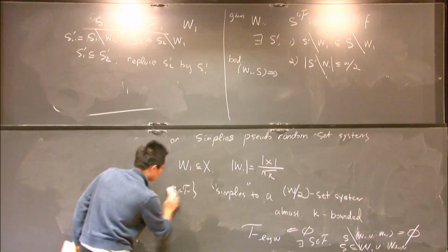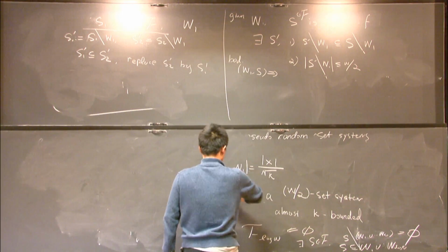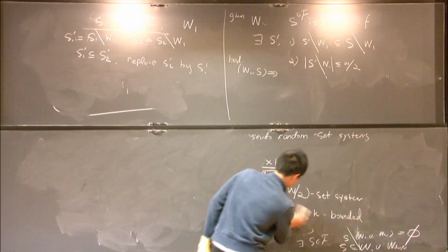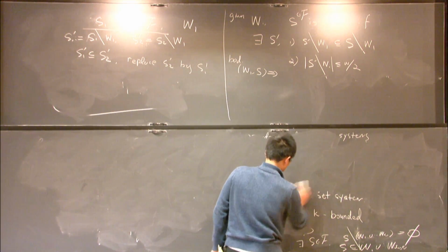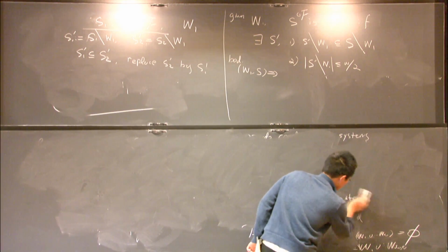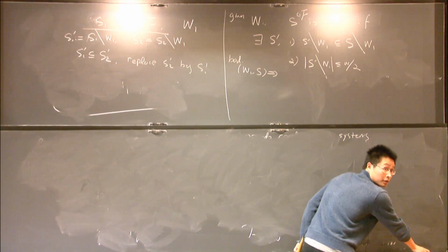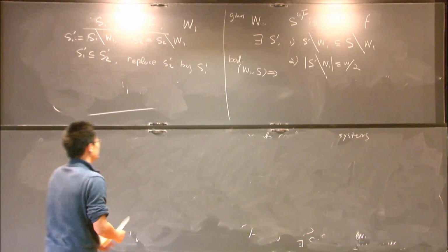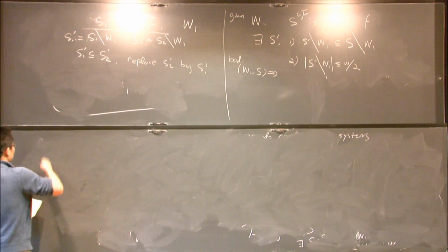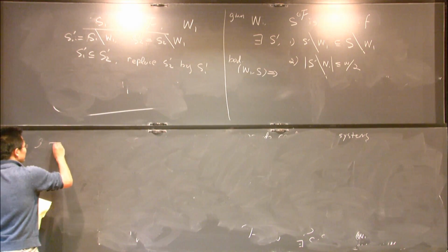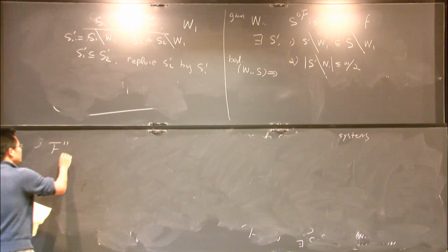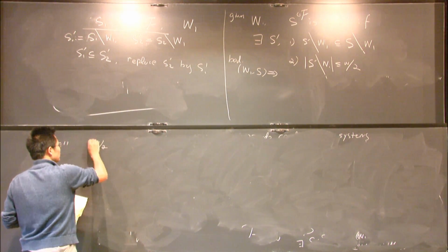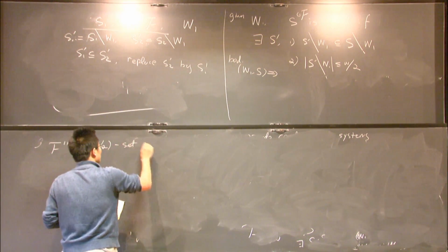A very simple lemma: let F prime be the simplified set system. So this is the W over 2 set system, clear because we threw out all of the bad things.